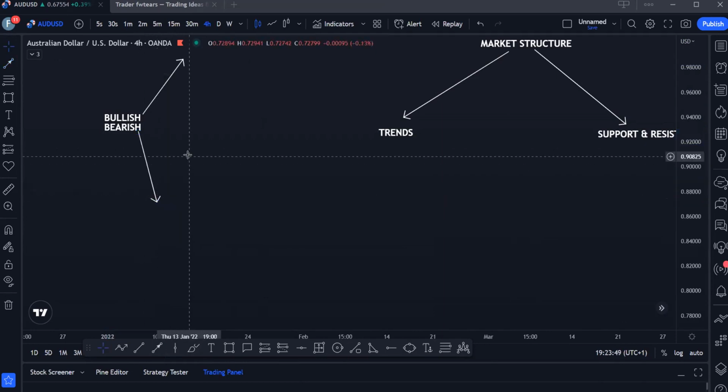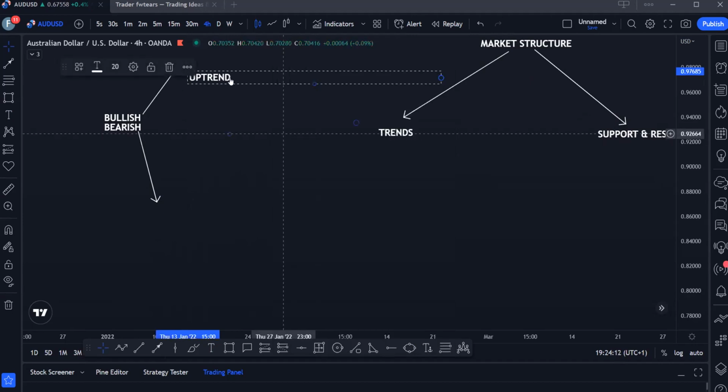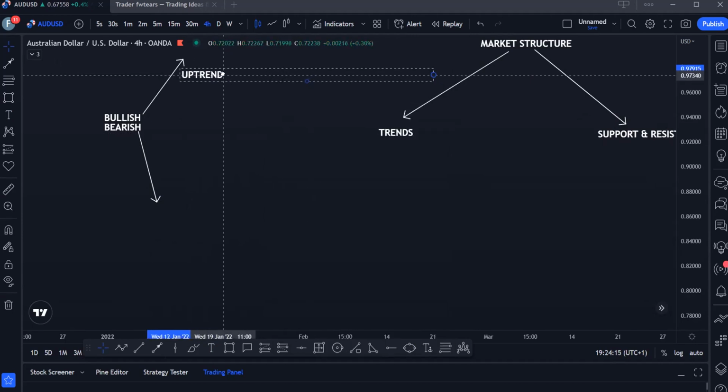All right. So using this bullish momentum and bearish momentum, when price is bullish, we say that the market is in an uptrend.